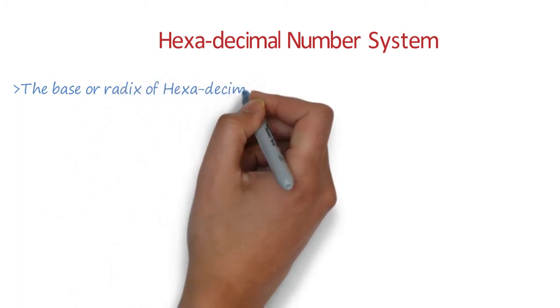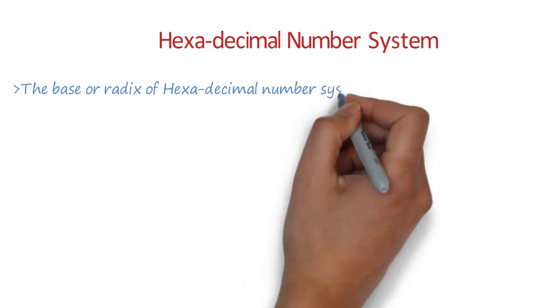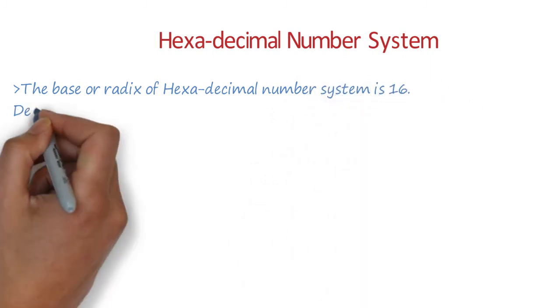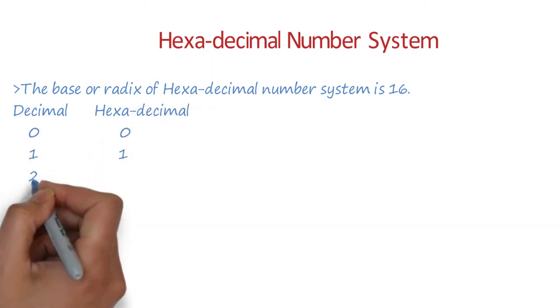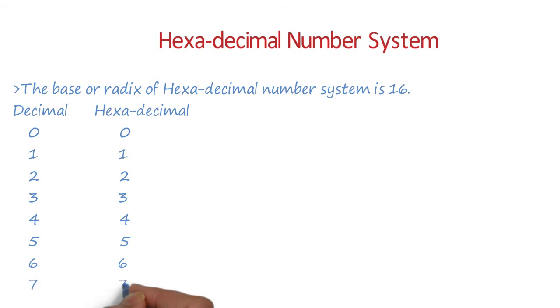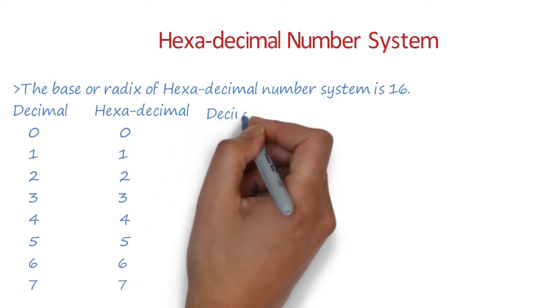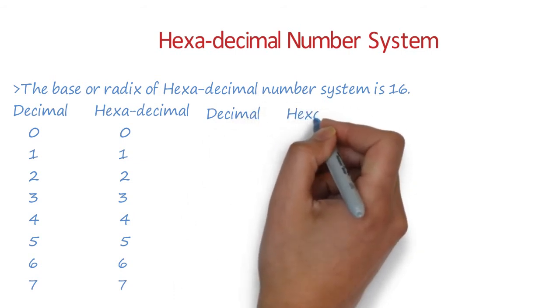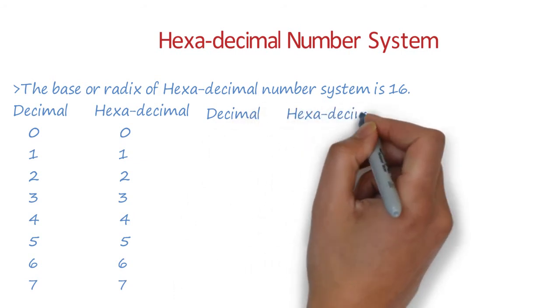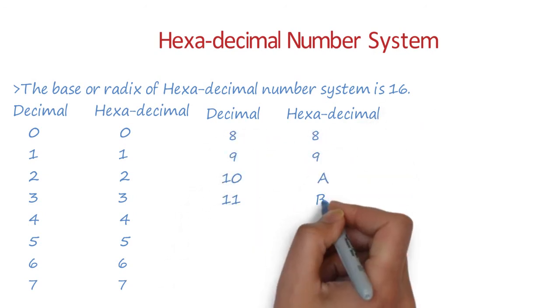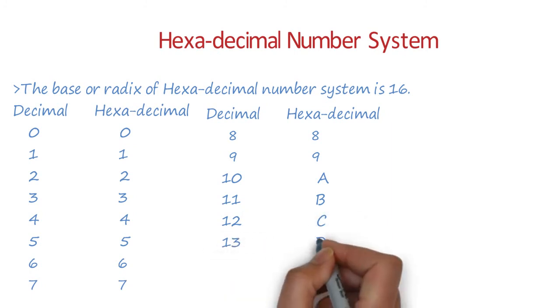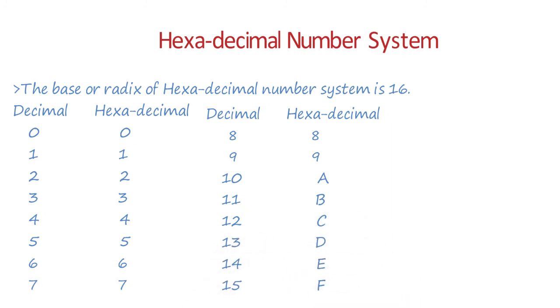So the digits range from 0 to 9 and letters A to F. If you think about the decimal equivalent of these hexadecimal digits, the numbers 0 to 9 are exactly the same as in the decimal number system, but after 9 the next 6 symbols are A to F. That means A is 10 in the decimal system, B is 11, and F is 15.